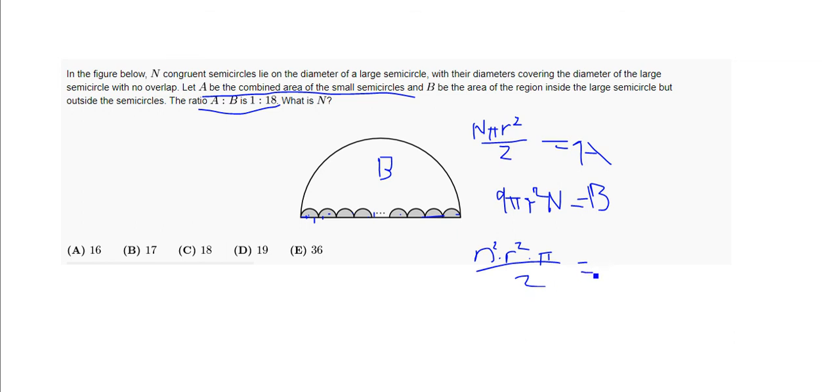They're telling us this is the whole area, A plus B. So all we have to do is add A plus B, which is right here. If we added these two together, remember this is just 18 over 2, so we would get 19 over 2 times pi r squared n.